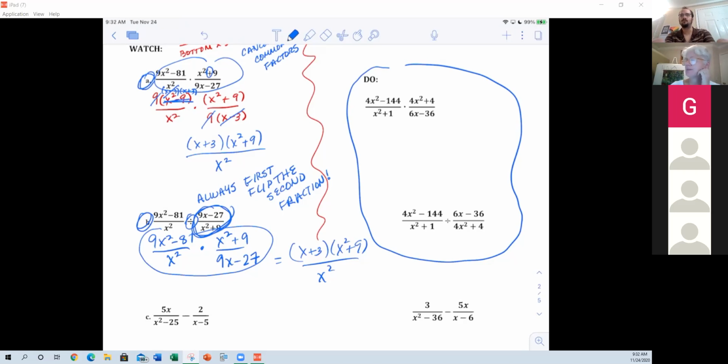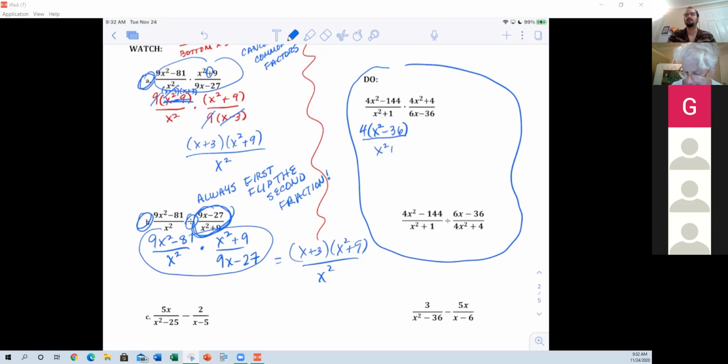Aurora, did you get the first part? Can I volunteer to do it? Absolutely. So for the top left one, it is 4 parentheses x squared minus 36. And then below on the left, it stays the same.